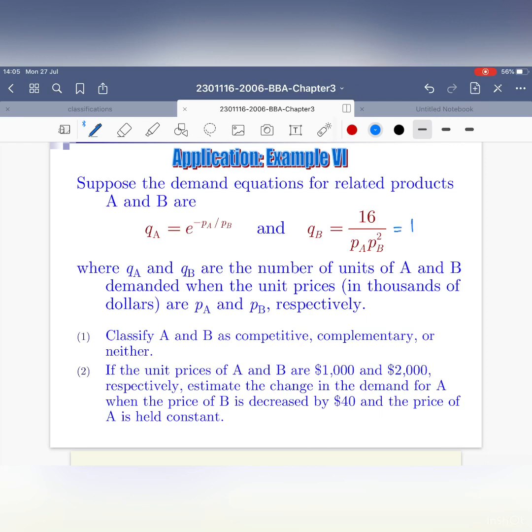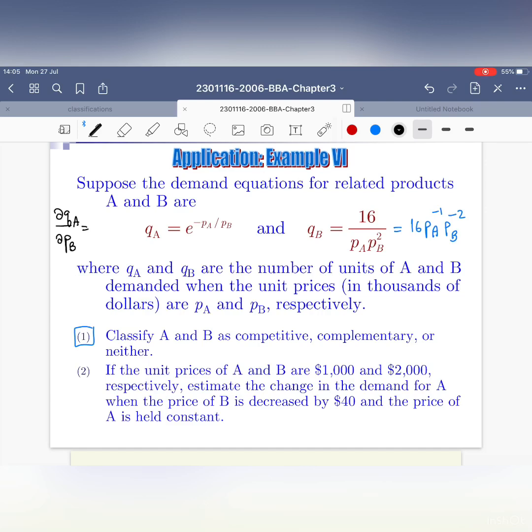Let me just rewrite this one to be a PA raised to the power negative 1 and your PB raised to the power negative 2. Okay, so this one, they just ask you directly to classify whether they are competitive or complementary or neither. So it means that immediately you don't need to find all 4 marginal demands, right? So you just directly find the rate of change of demand of A with respect to another price.